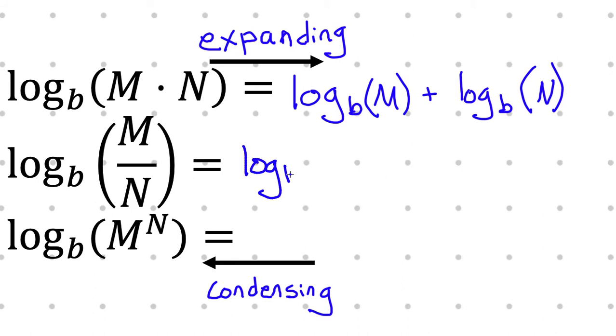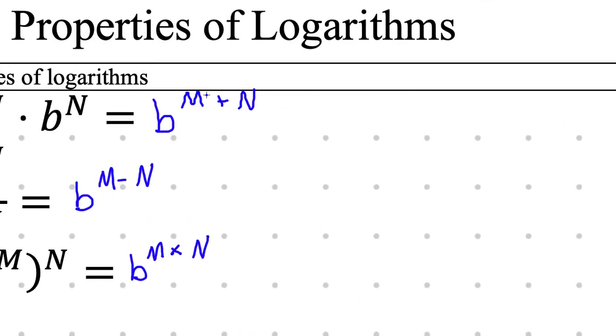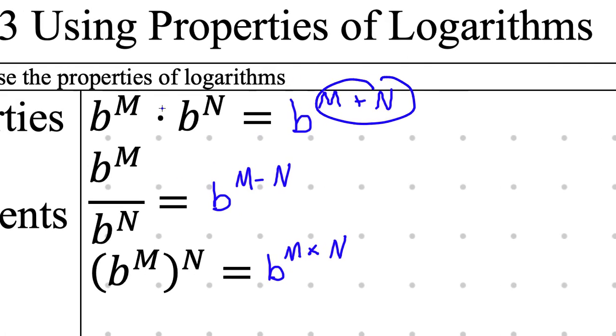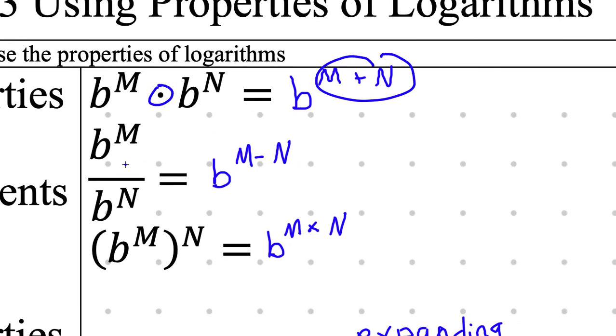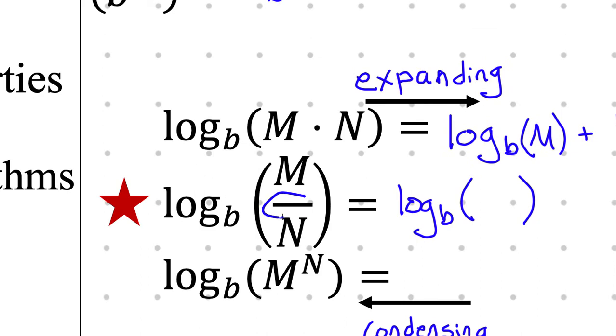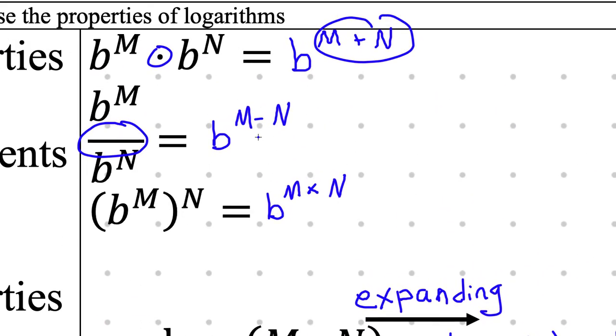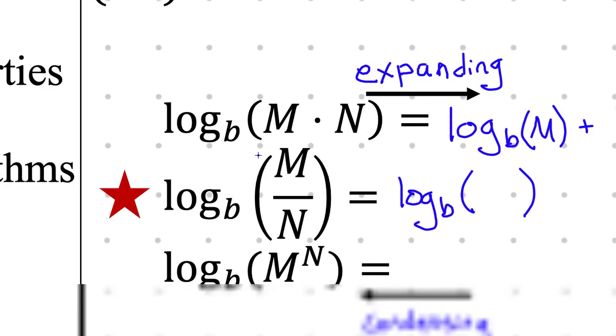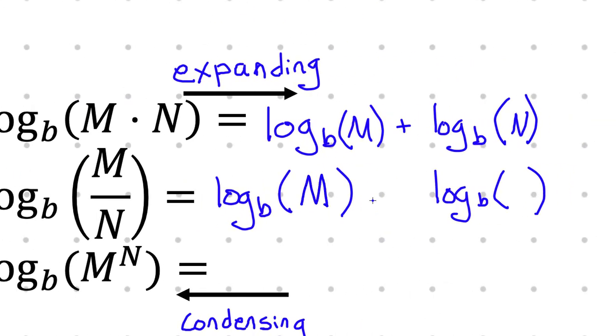Log base b of something, and then some operation that you're going to have to figure out with log base b of something. Check the pattern. Before, I was adding the powers when I multiplied. Now I'm dividing. So what is the operation going to be, and what are the letters, Sam? So m minus. There it is. Thank you, Sam.